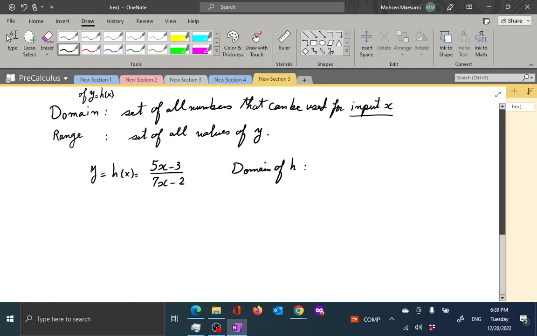Well, what x's can you use in this expression? That brings up another question: why shouldn't you be able to use a number for x? Because you might end up trying to perform an operation that is not allowed in mathematics. One of the basic operations that's not allowed is division by 0.